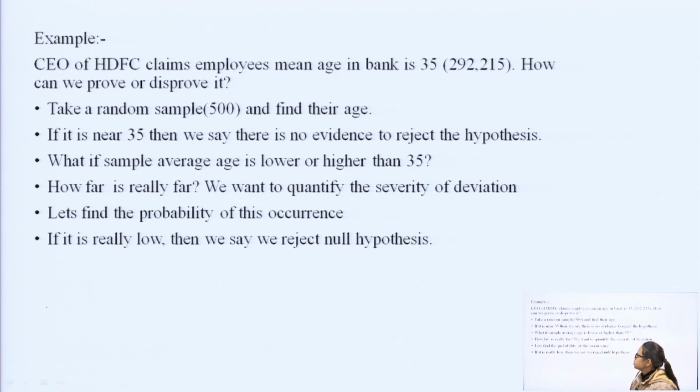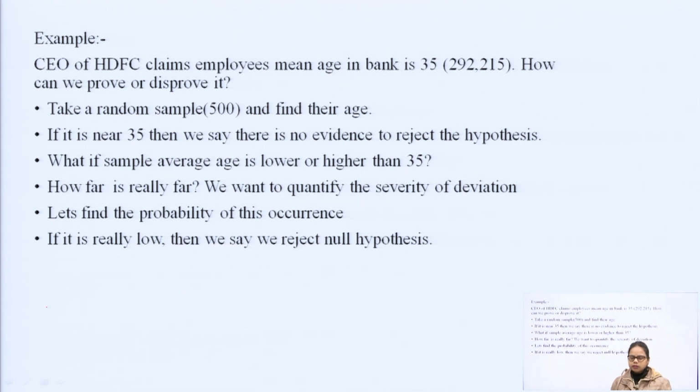So, in this we take a random sample. It means that in hypothesis testing we do not collect all 2 lakh people and note down their ages and then apply the mean, median, mode formulas. Instead, we just take a sample of 500 people.